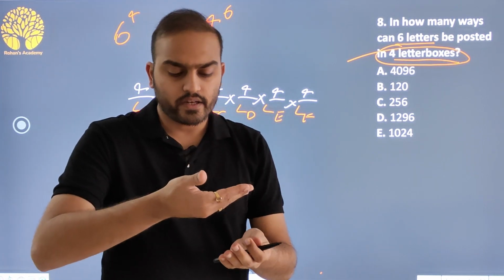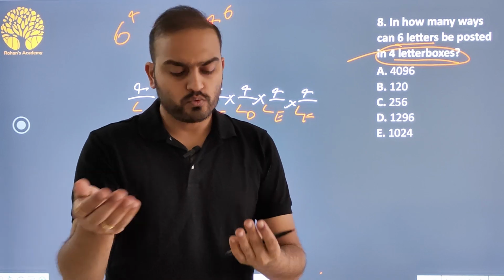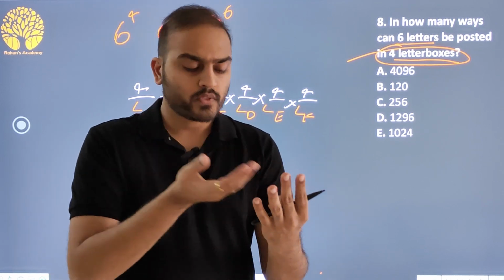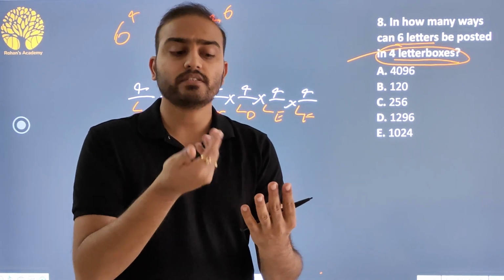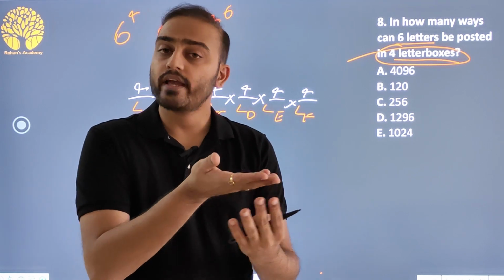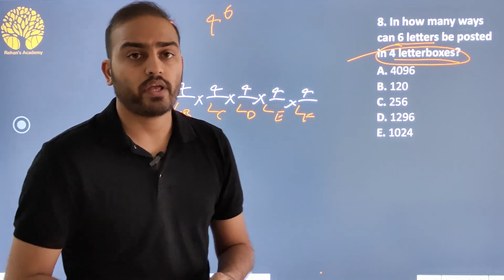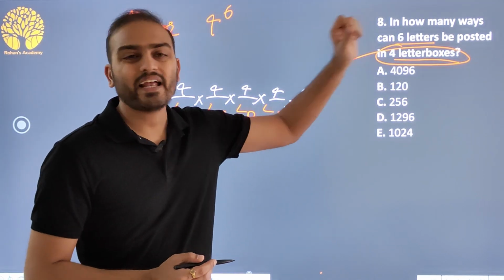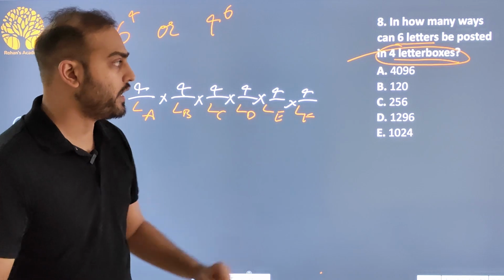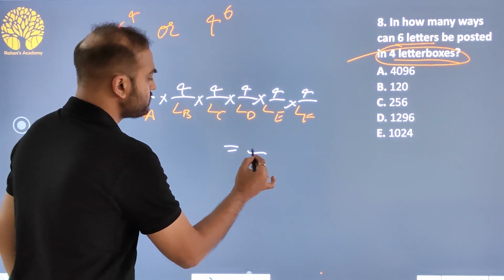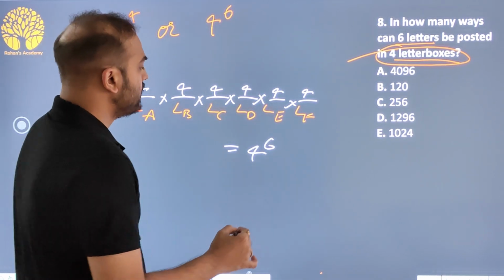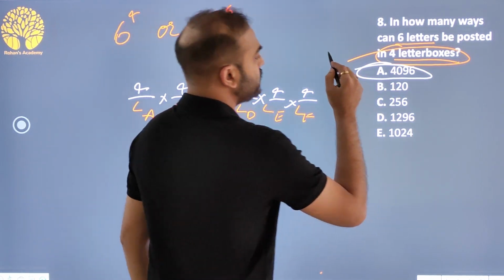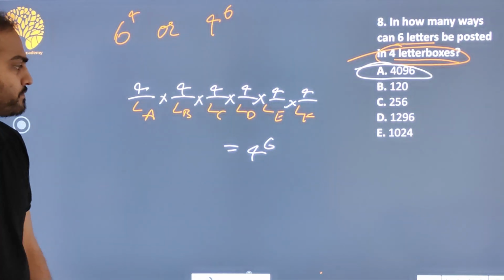This is letter A. Which box do I want to give it to? One of the four. Letter B, again pick one of the boxes, give it. Letter C, again one of the four boxes, and so on. So remember, it's the letter boxes that can repeat, the letters can't repeat. So that's 4 raised to 6, that's 4096.